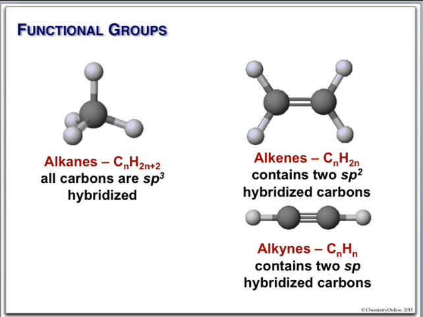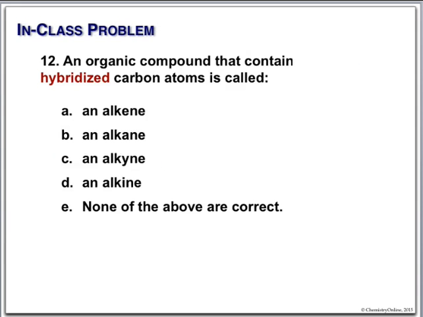Here we made our double bonds by taking one s and two of the p orbitals, sp2. And finally, for our triple bond, we just took one s and one p, made our skeleton. The p orbitals that are left over make the second and third bond. So alkenes, alkynes, and alkanes are our simple carbon functional groups. The question was, which of these contains only sp3? That would be the alkane.